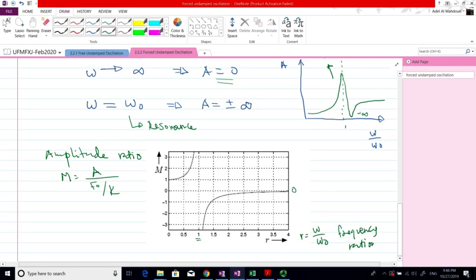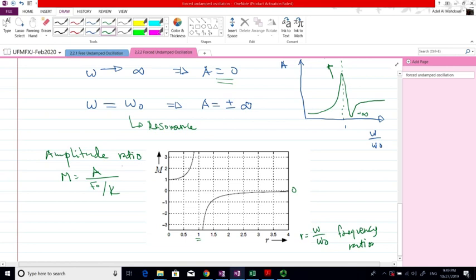What about if it is less than 1? Either it will come from positive infinity and go to 1.